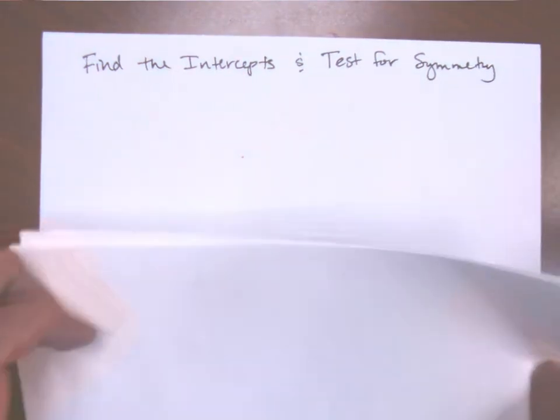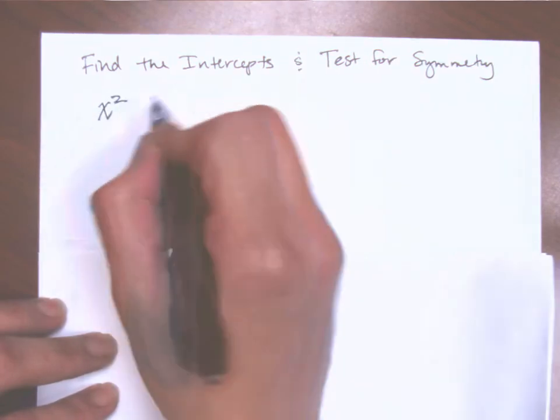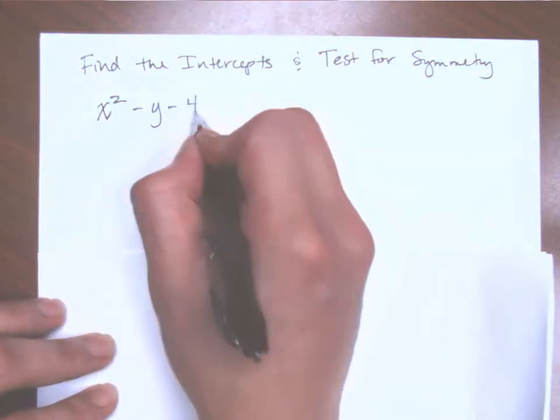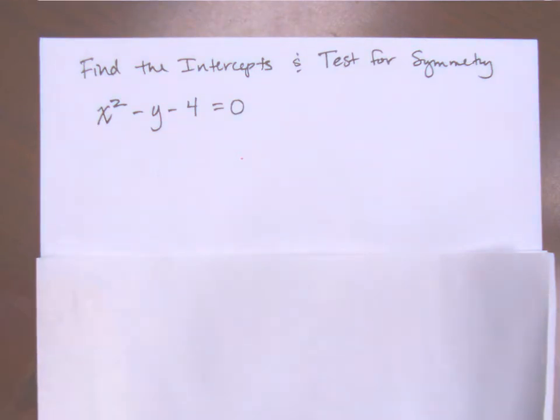Okay. So let's say I have the equation x squared minus y minus 4 equals 0. I don't have to solve this for y. If I'm finding intercepts and testing for symmetry, I can work with my equation exactly as I see it.